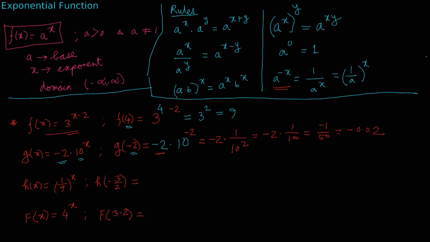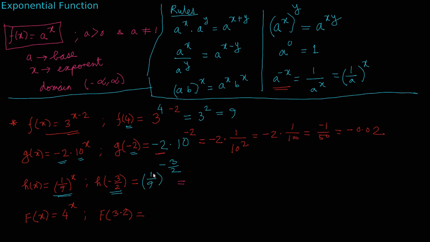Now let's look at the third function, 1 over 9 power x. What is my x in this case? My x is negative 3 over 2.